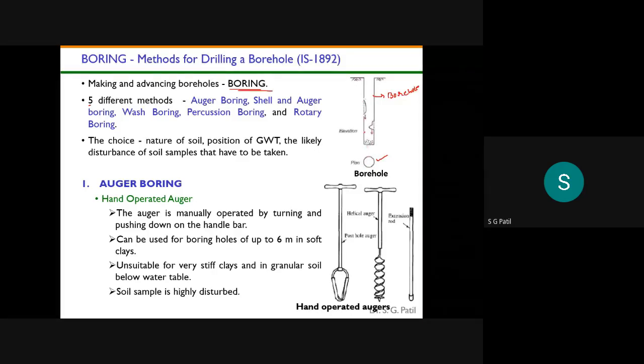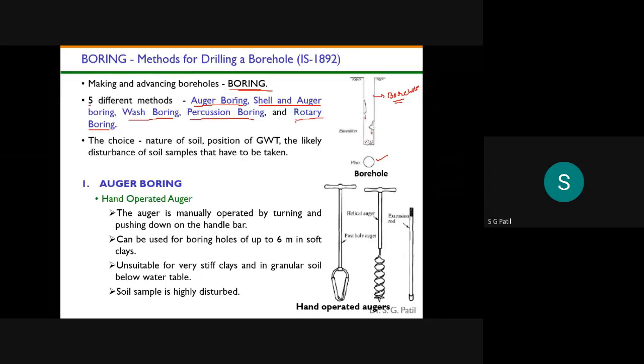In the sectional elevation it looks like this. To make this borehole, there are 5 different methods. The first one is auger boring, the second is shell and auger boring, the third is wash boring, the fourth is percussion boring, and the fifth is rotary boring.